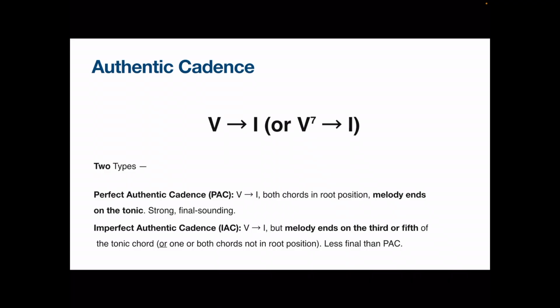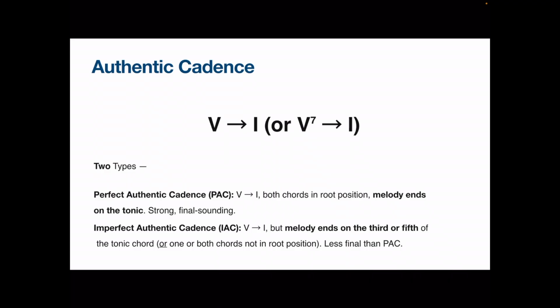But what about imperfect authentic cadence? Well, for imperfect IAC, the melody ends on the 3rd or the 5th of the tonic chord. So the tonic chord here is the C major chord, and C major chord contains the notes C, E, and G. So instead of ending on a C, it's going to end on E or G. So let me play the example.